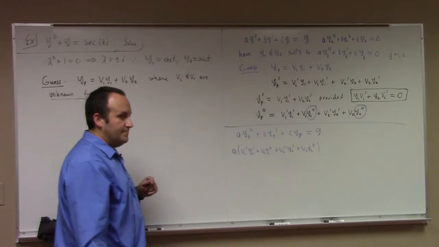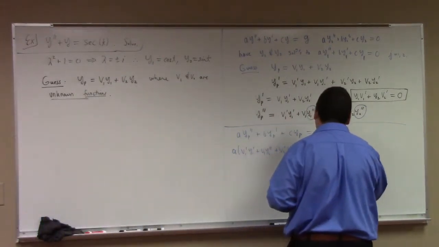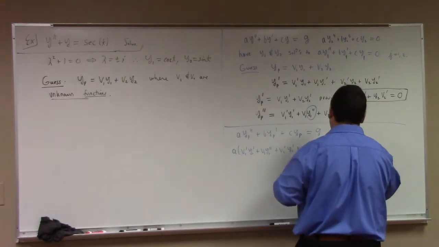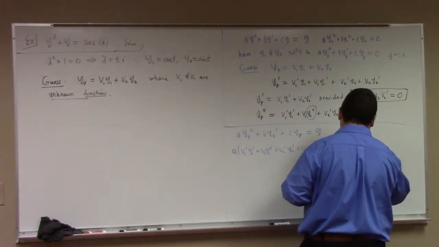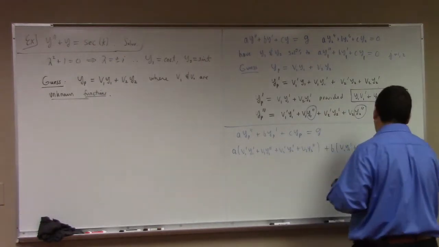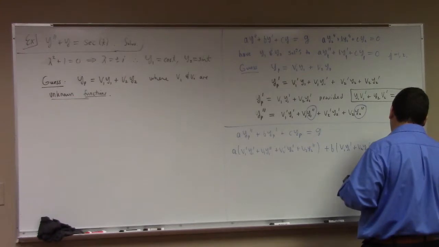That's my Yp prime prime. And then plus B Yp prime. Yp prime was V1 Y1 prime plus V2 Y2 prime. And then my C Yp, which was C times V1 Y1 plus V2 Y2. All of that's equal to G.